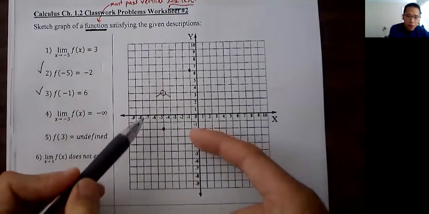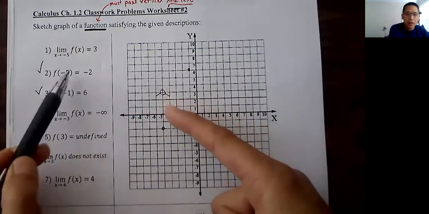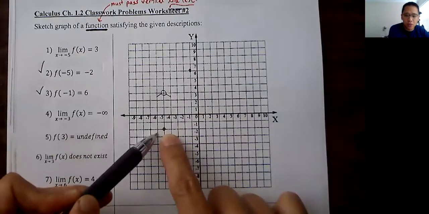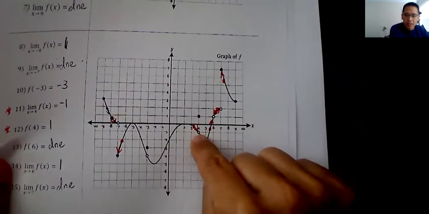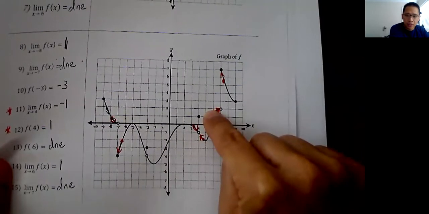But in the end, I want the graph to move towards that location, even though, if you look at number 2 here, the function value is at a different spot. So we want the graph to look something like this, where the limit exists at a different location than where the function value is.